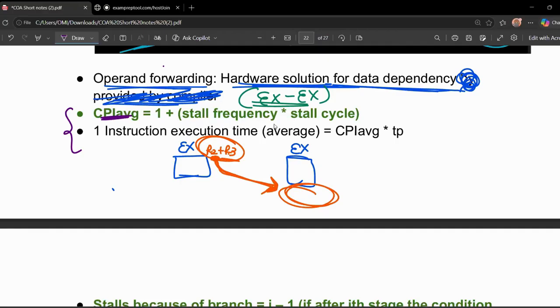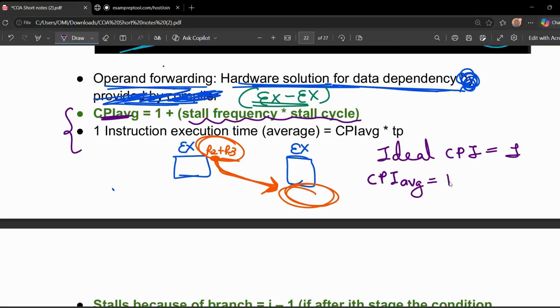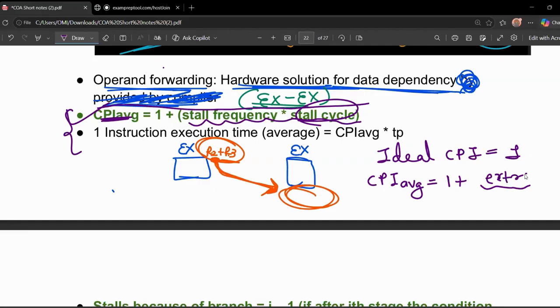Because of the stalls, your ideal CPI is one, but because of stalls we get extra cycles. So average CPI will be 1 plus stall frequency into stall cycles. You can use this formula: 1 plus extra cycles.